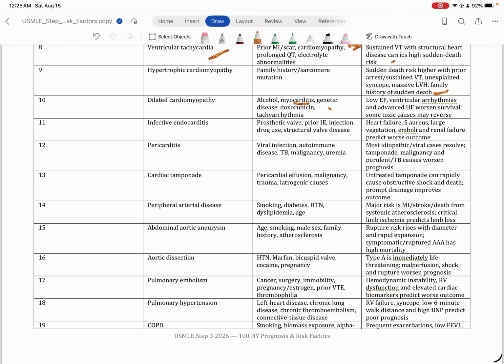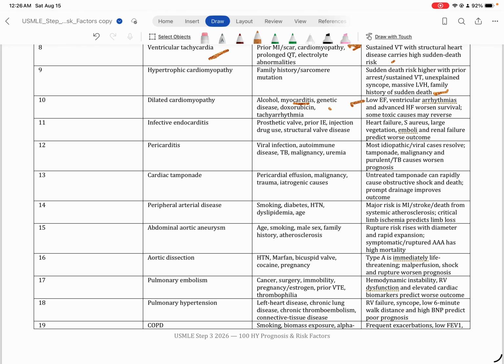Doxorubicin and daunorubicin are drugs that cause cardiotoxicity. Prognosis of dilated cardiomyopathy is low ejection fraction, ventricular arrhythmias, and advanced heart failure that worsens survival. And some of the toxic causes associated with doxorubicin and daunorubicin can be reversed with appropriate antidotes.